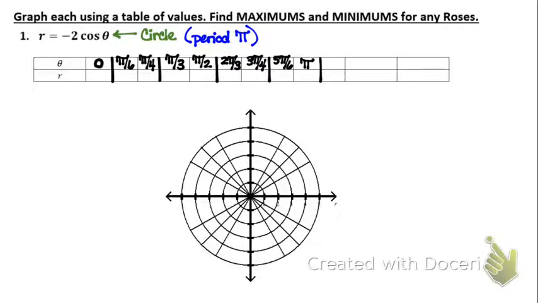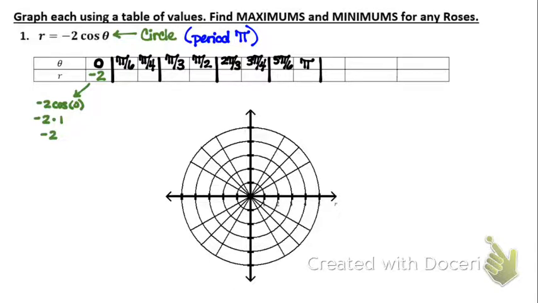All right, so now one at a time, I'm going to take these theta values and we're going to substitute it in. So I have -2 cosine 0. What's cosine of 0? It's 1. So I have -2 times 1, right? -2. Okay, so for those of you guys that were not here on Friday, we can have negative r values.